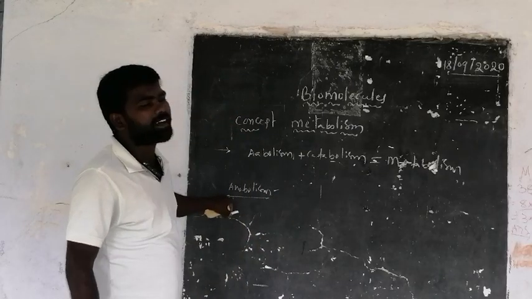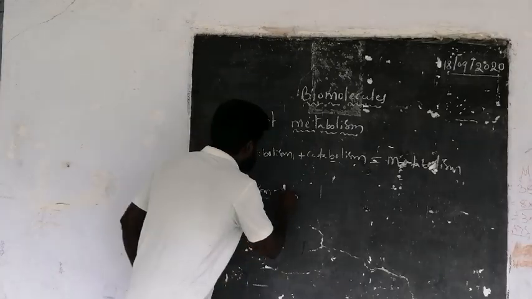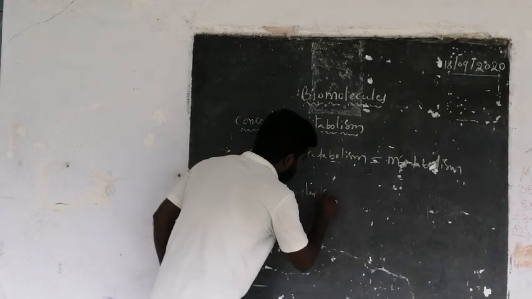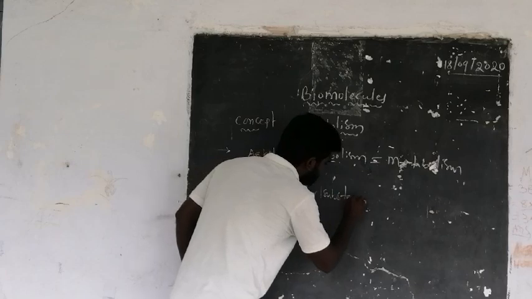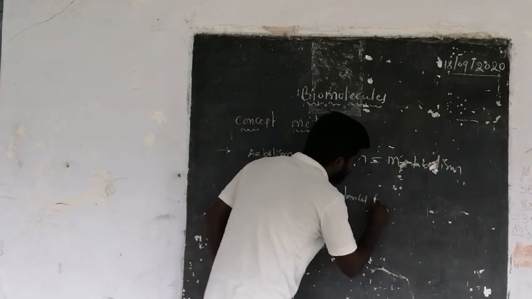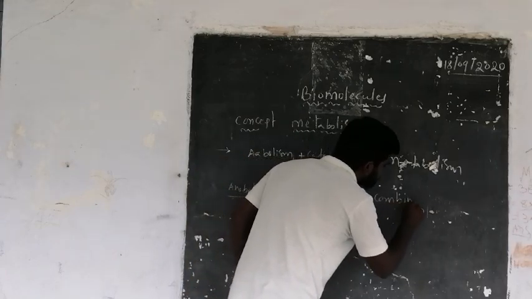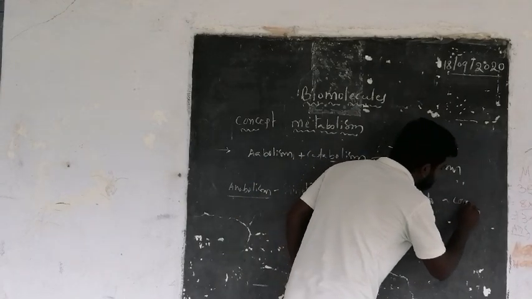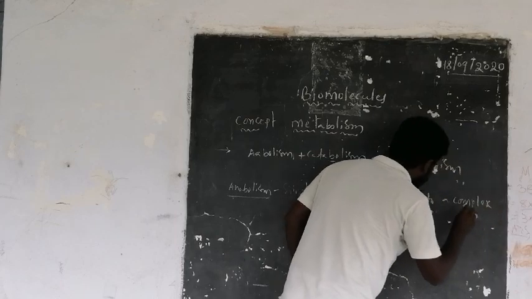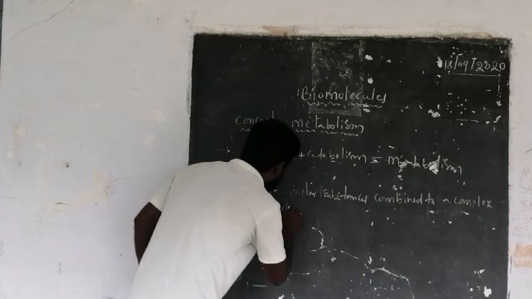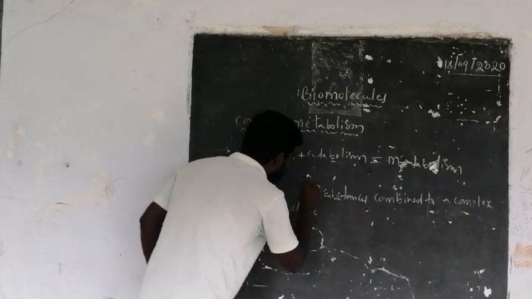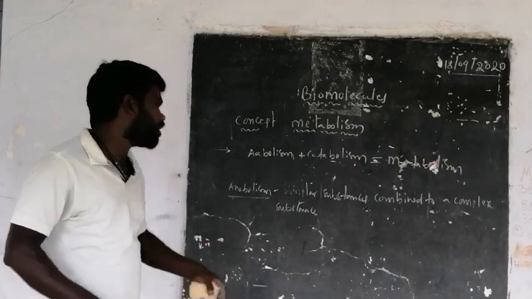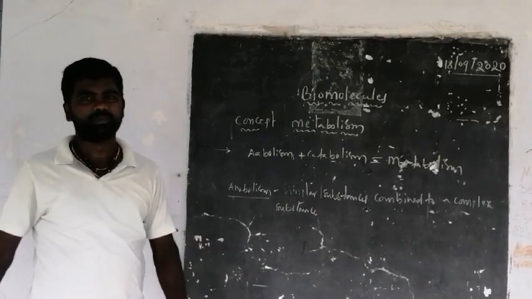Anabolic reactions are construction reactions, where simpler substances are combined to form a complex substance.